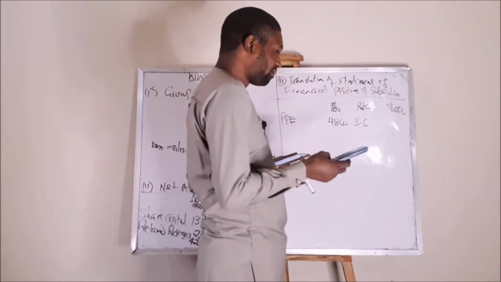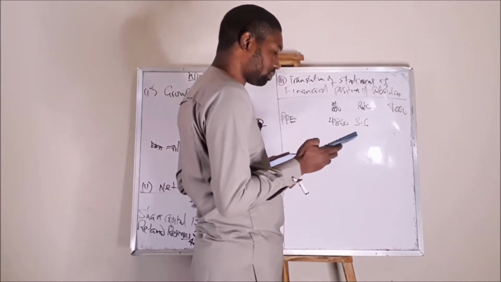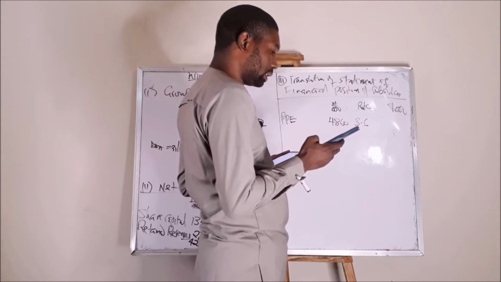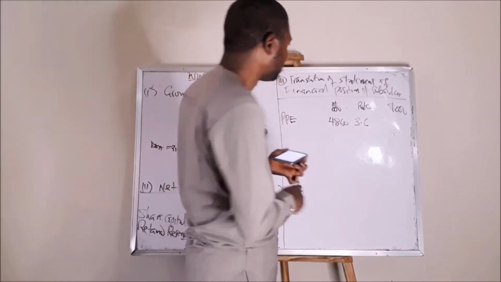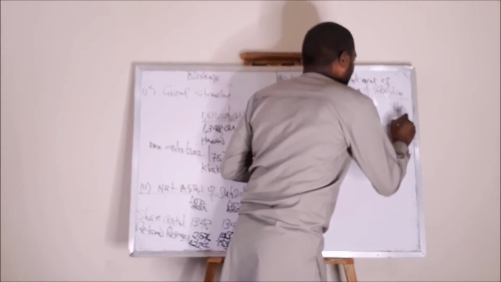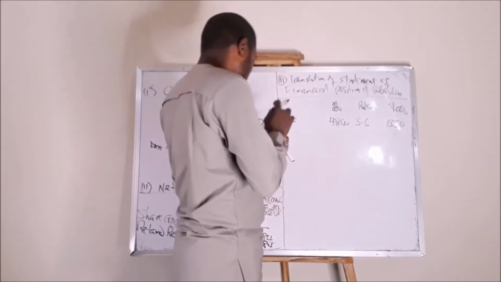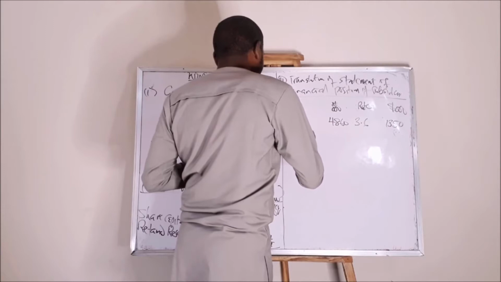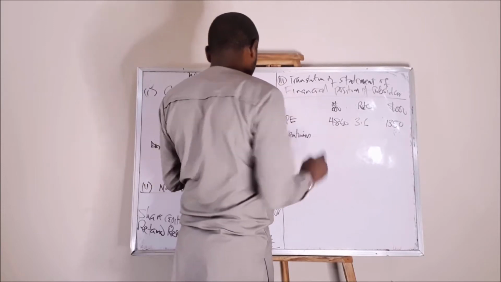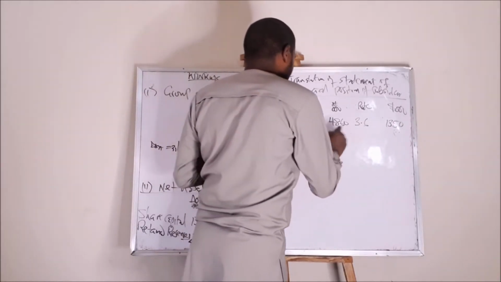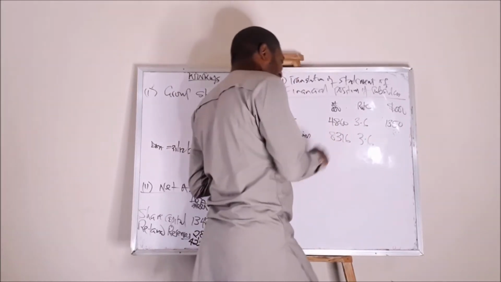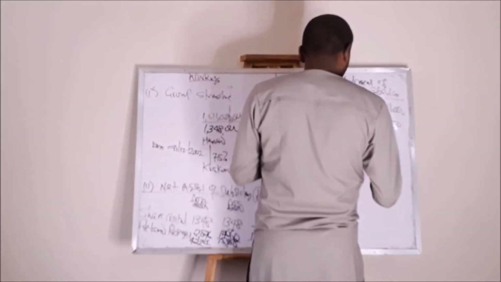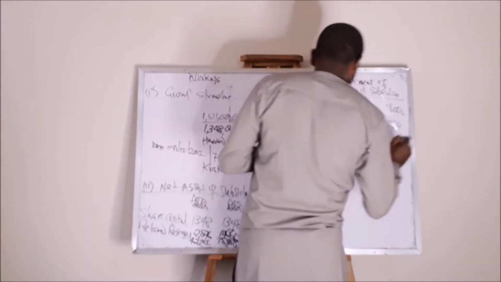We divide 4860 by 3.6 to give us 1350. So 1350 is the PPE. Then I have inventories, 8316. Still using 3.6, if you divide this and this, you get 2310.